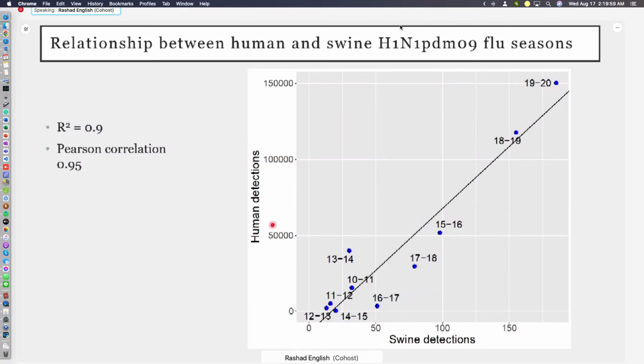There is a strong linear correlation between detections in pigs and humans throughout those seasons. The immediate hypothesis is that this correlation is driven by human-to-swine spillovers: the more circulation of pdm09 on the human side, the more spillovers you get, and hence more circulation of pdm09 in pigs.